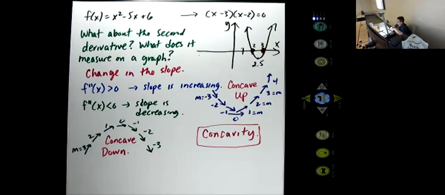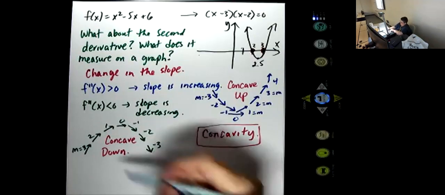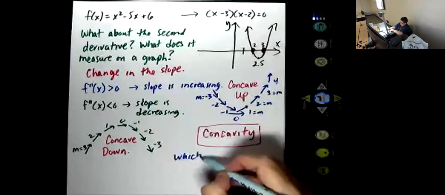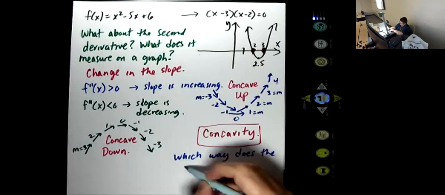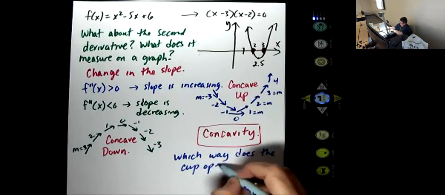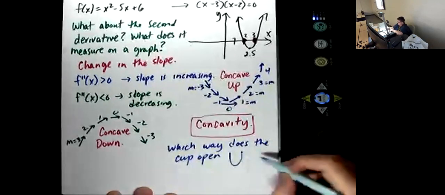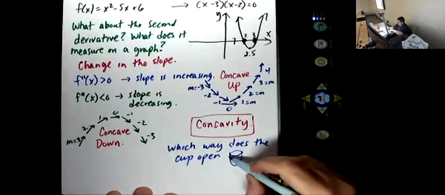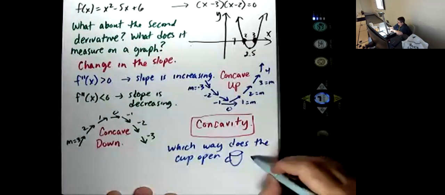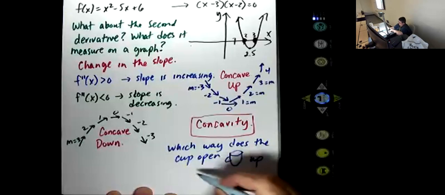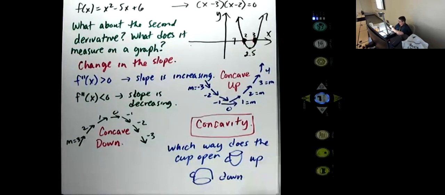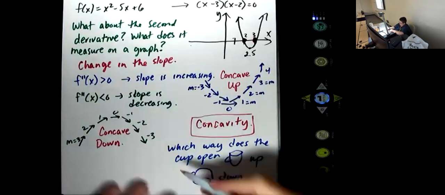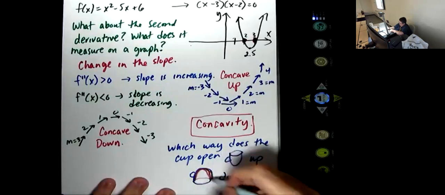I picture it like a cup. Which way does the cup open? Opens up. Or the cup could be going downward. And this is my graph part that I'm looking at.